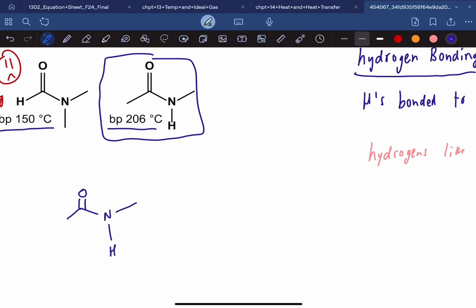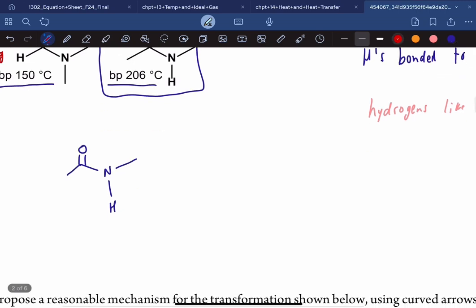But this hydrogen can then engage in hydrogen bonding with another molecule of itself. And that would look like this. Hopefully you've seen this in Gen Chem as well. But like this H, you can just draw this dashed line here, something like that. And then you can draw another one up here. This should suffice.